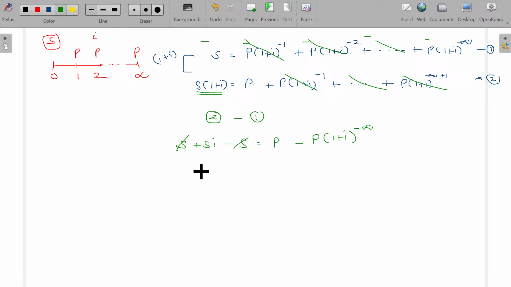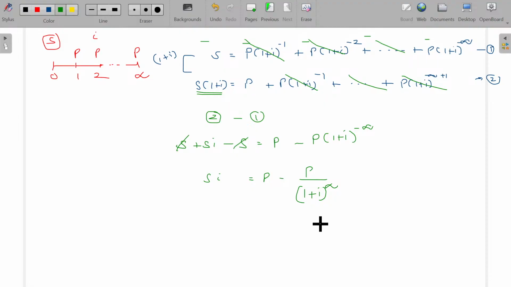S is cancelled, right? So SI is equal to P minus P divided by 1 plus I to the power infinity.